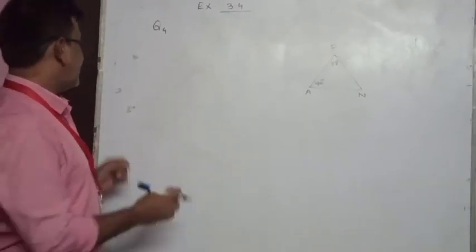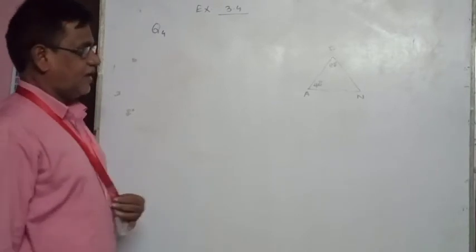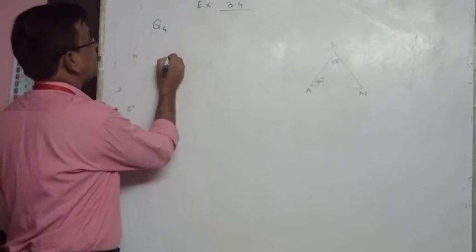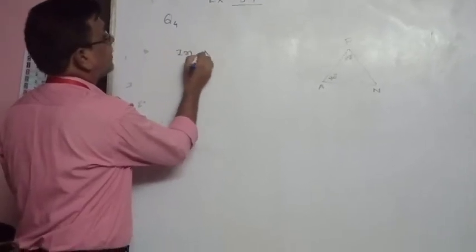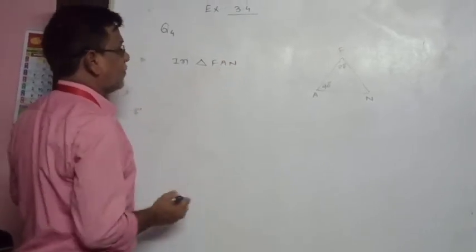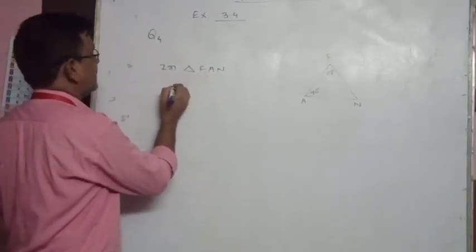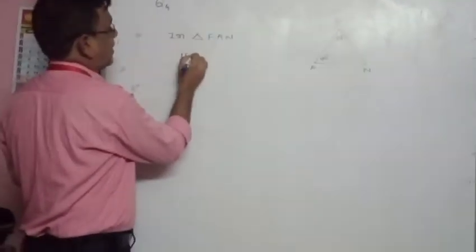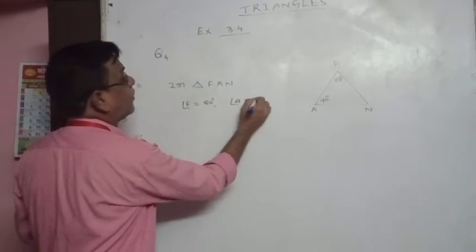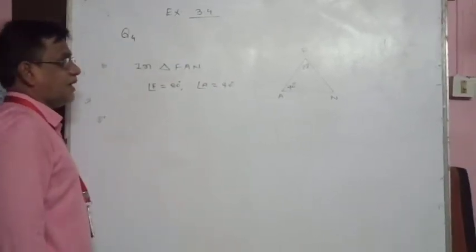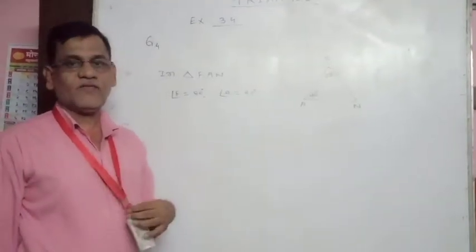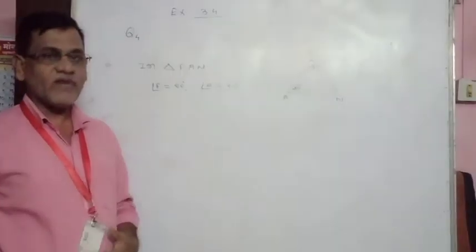Now, we already learned the theorem of inequality of sides of a triangle. Now in triangle FAN, what we know? We know that angle F is equal to 80 degree and angle A is equal to 40 degree. Now we already learned the theorem. The sum of all the angles of a triangle is 180.